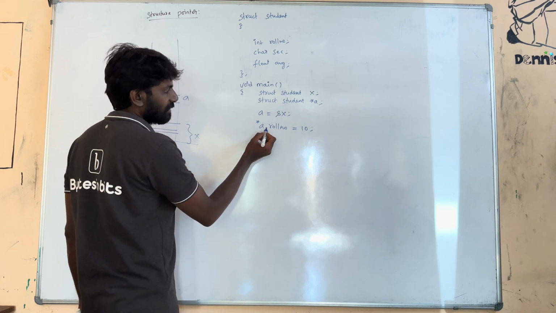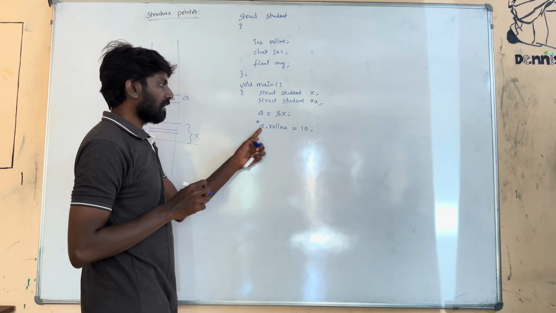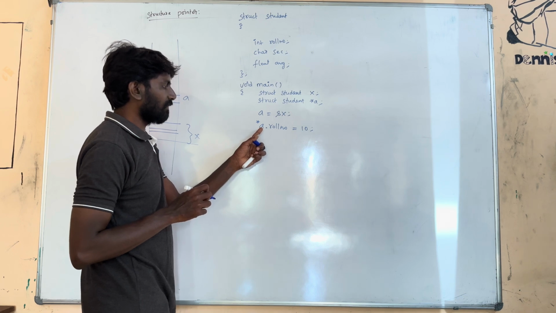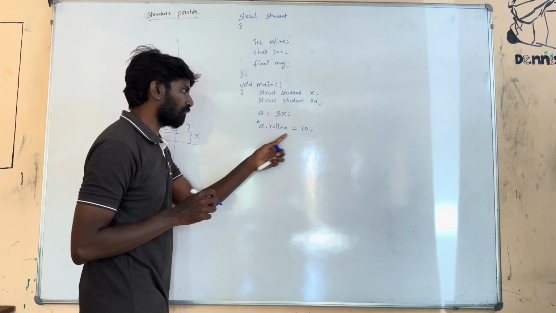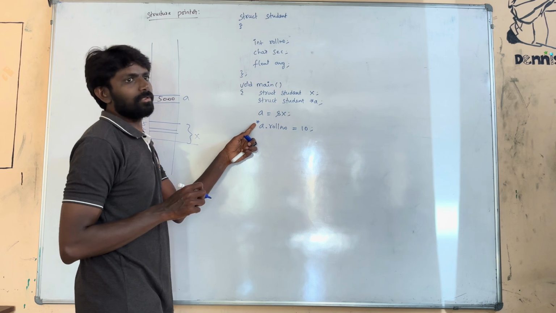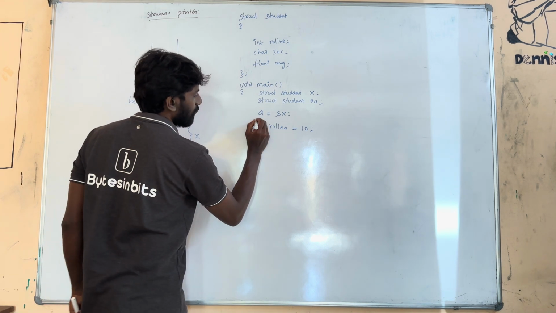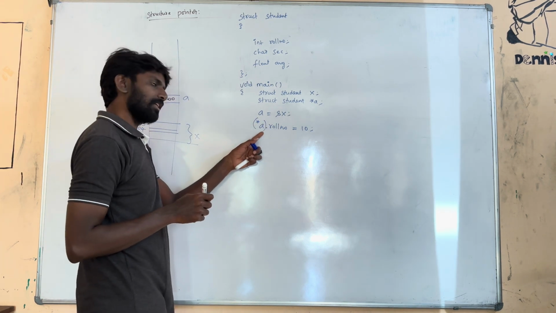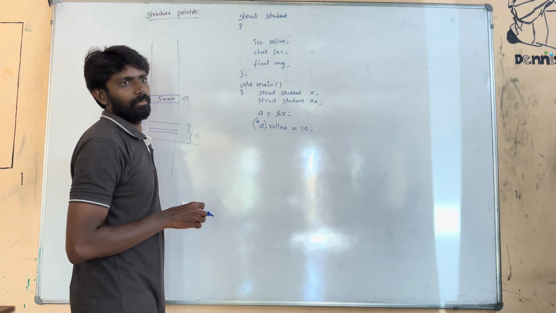Why the brackets? Because dot has higher precedence than star, so A dot roll number would be evaluated first and then the star. That should not happen. First star A should happen, after that the dot roll number.